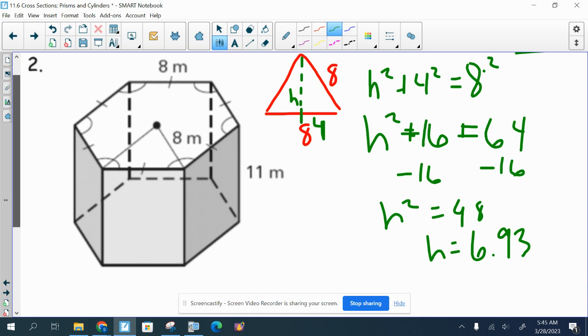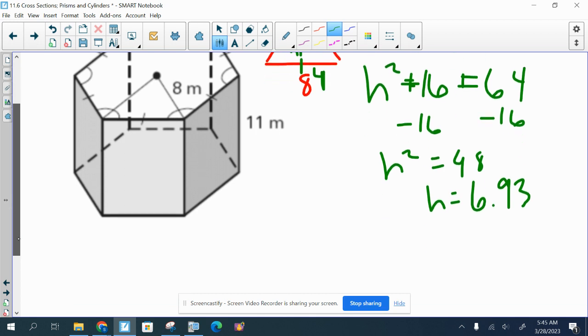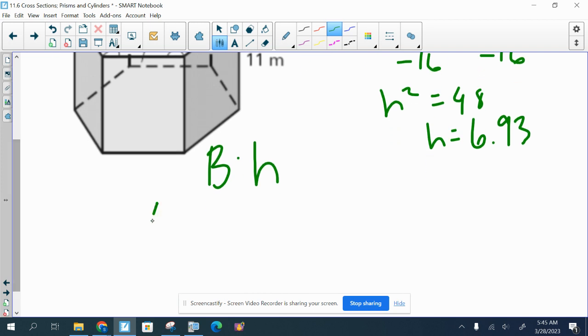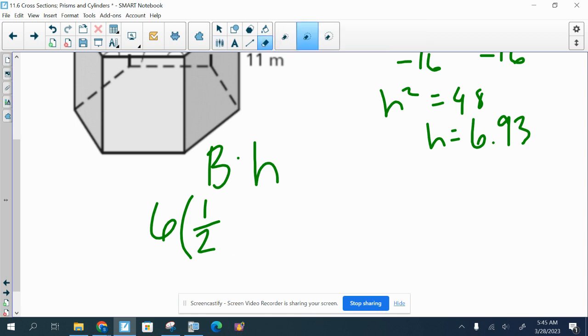Okay, so now we can go back, and remember, volume is the area of the base times the height. So for the area of the base, we have 6 isosceles triangles that all have 1/2 base, which is 8.